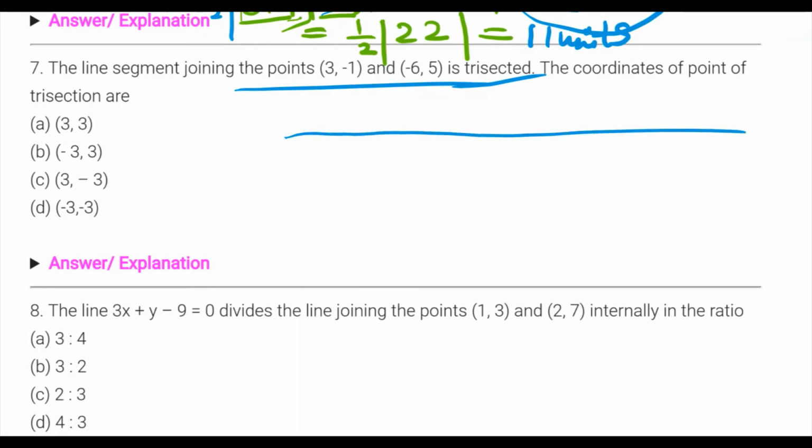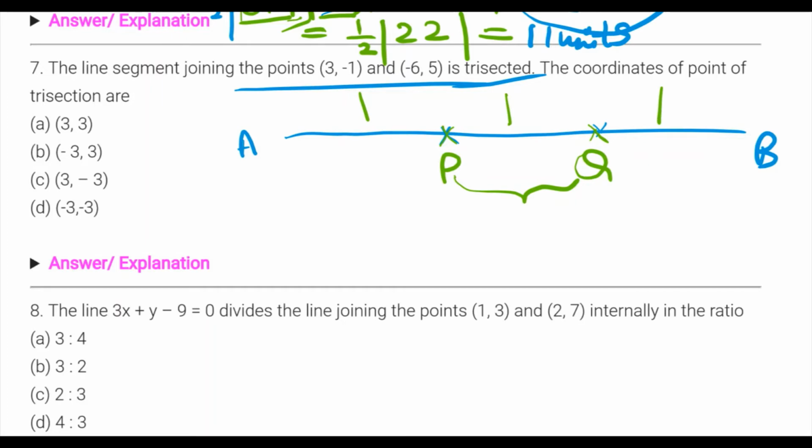The meaning of trisection is that if I take a line segment AB, we require 2 points for trisection. 2 points divide this AB segment into 3 equal parts. So AB is divided into 3 equal parts by the points P and Q, and these P, Q are said to be the points of trisection. Whenever P and Q divide it into 3 equal parts, there will be 1:1:1 ratio.